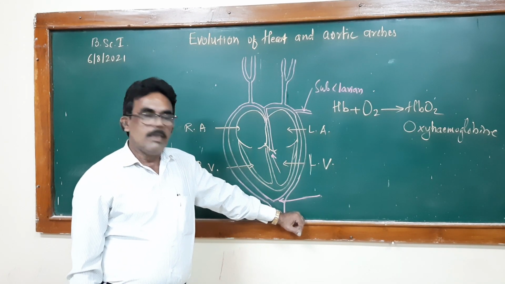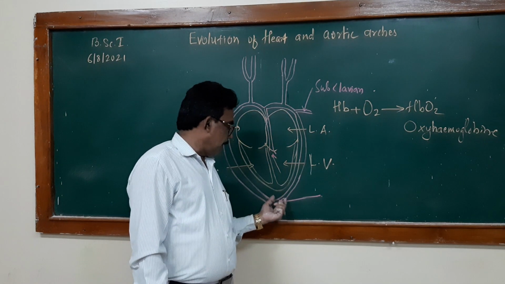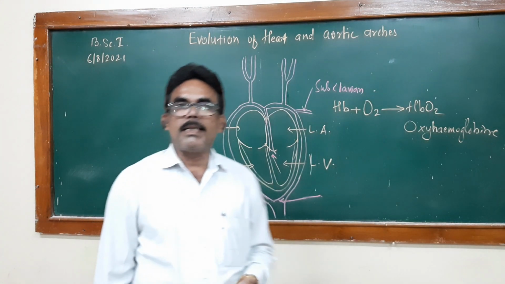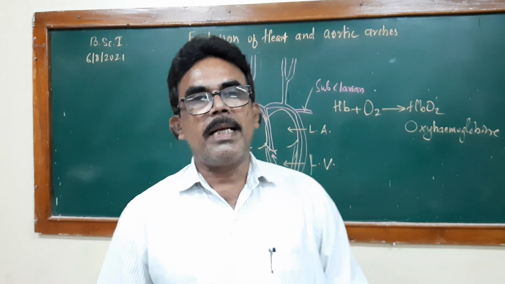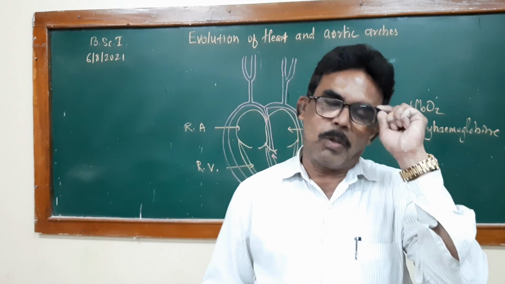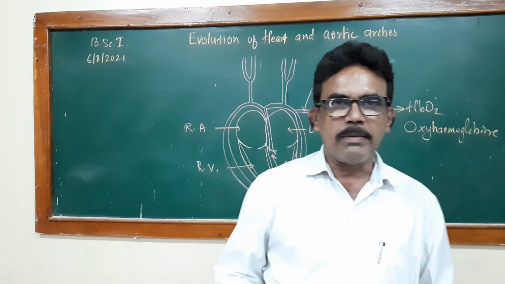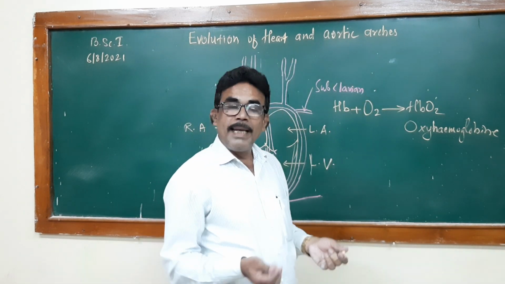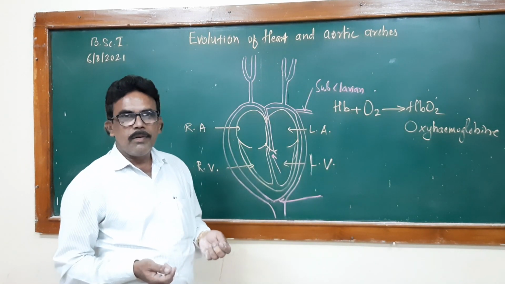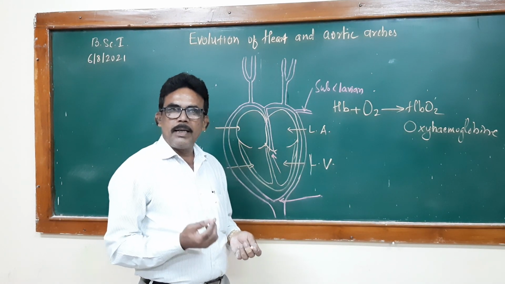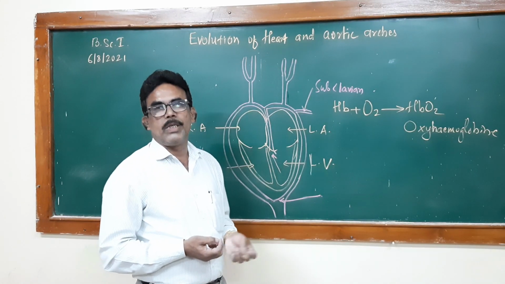Then the anterior mesenteric, posterior mesenteric, and gonadial go to the gonads, which may be the testes or ovary. Renals go to the kidney, iliac goes to the hindlimb, and caudal goes to the tail region.